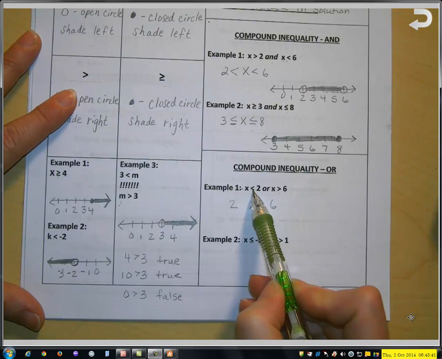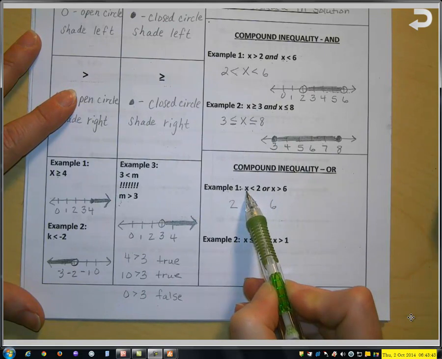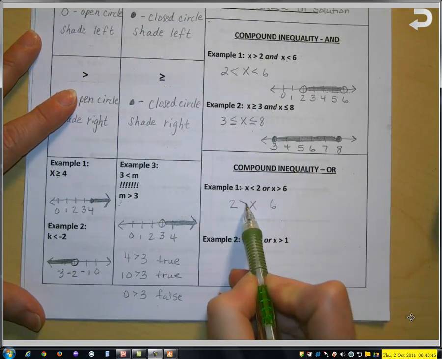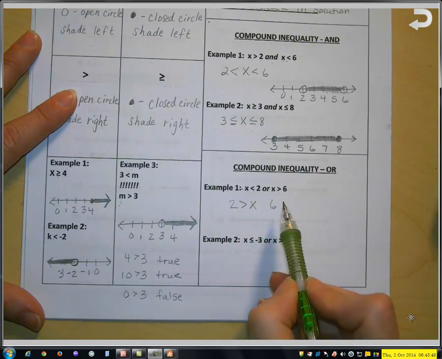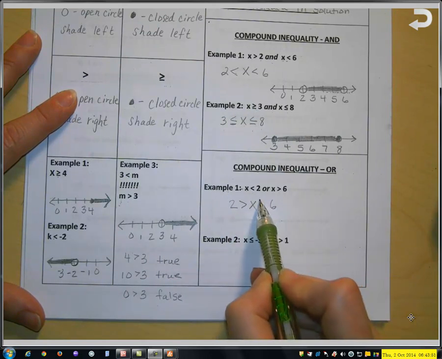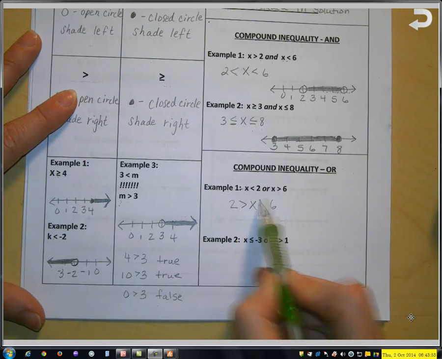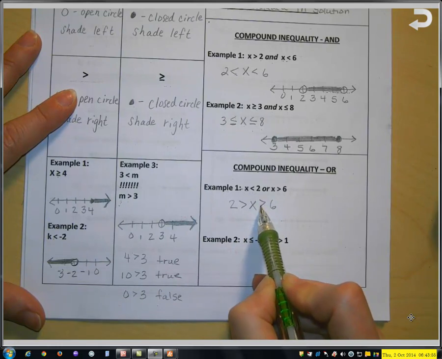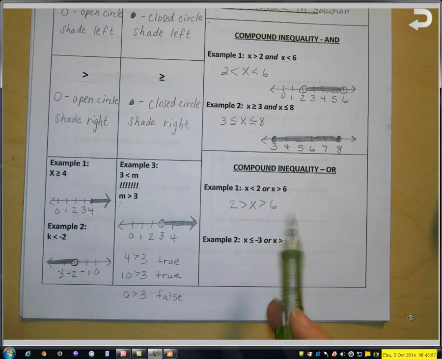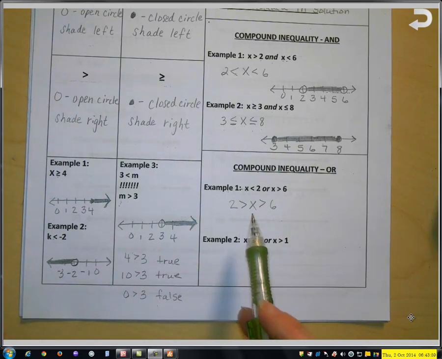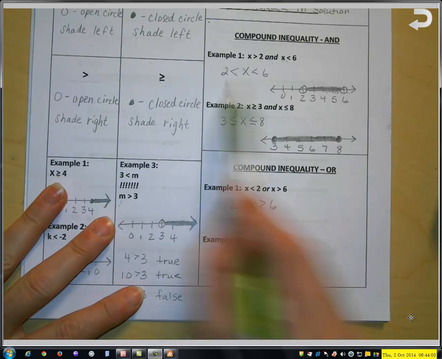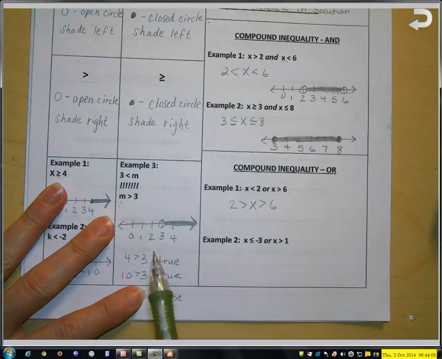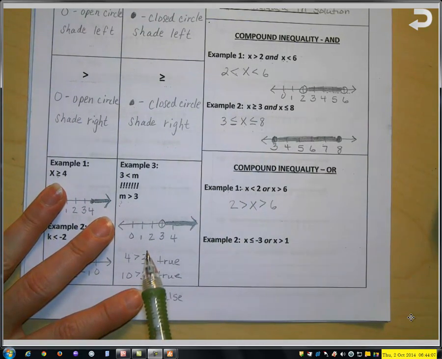Now here we have x is less than 2, or x is greater than 6. So you notice how when we try to write the compound inequality, the symbols do not turn out correctly.